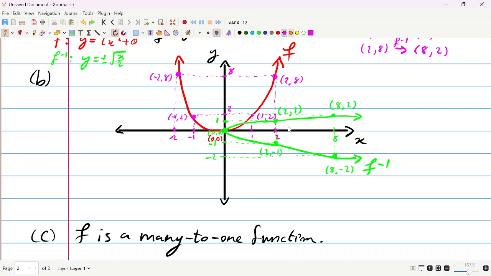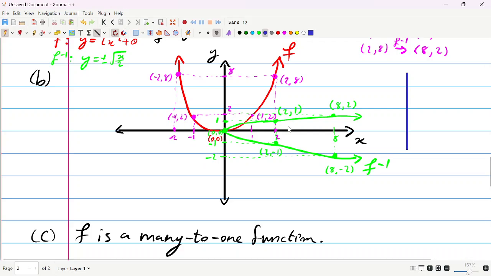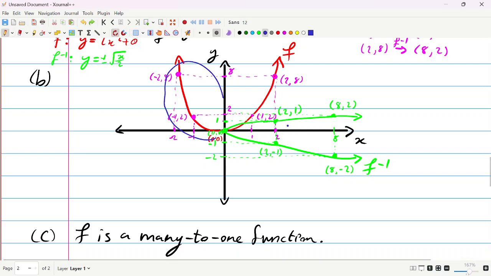such that when we do the vertical line test, let's use blue again, we have no point where it intersects twice. So how do we do that? When we look at the original function f, we just need to get rid of one of the arms.